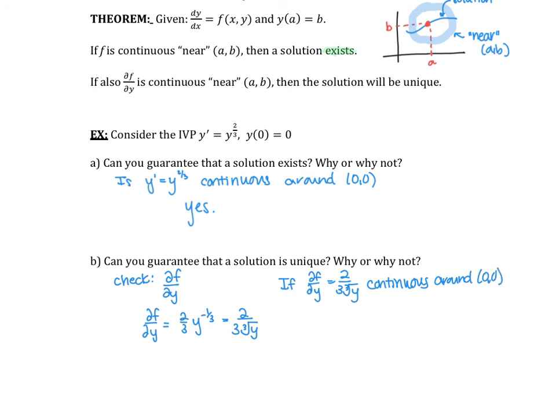But here's the problem. That's not continuous around (0, 0). Therefore, this is not going to be a unique solution. Now, why is this helpful? Well, I know I can solve it. The solution exists. But I can't base every prediction on that solution because it's not the only one. There may be more, or there are more.